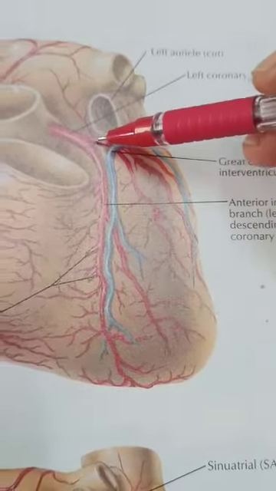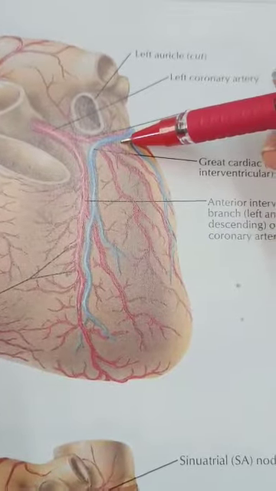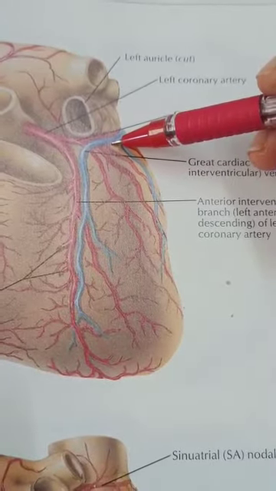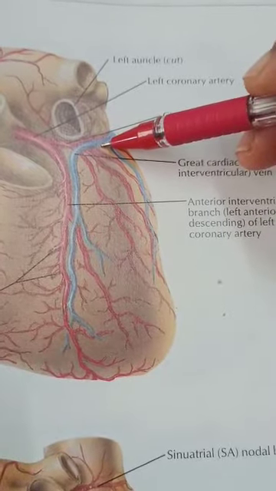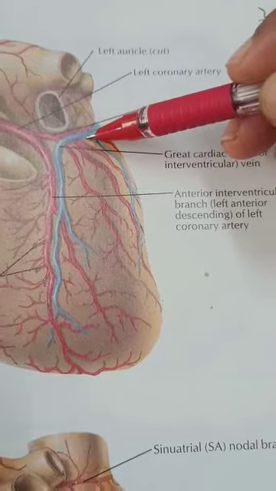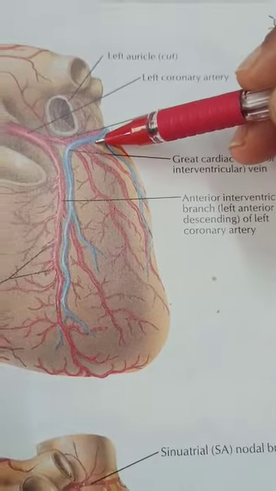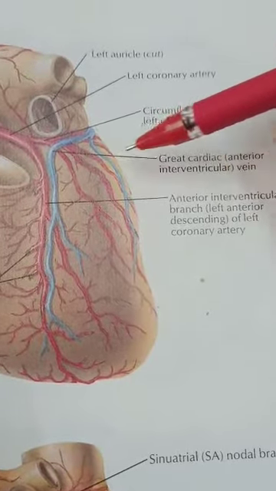Then the circumflex branch. The circumflex artery will give rise to the left marginal artery.